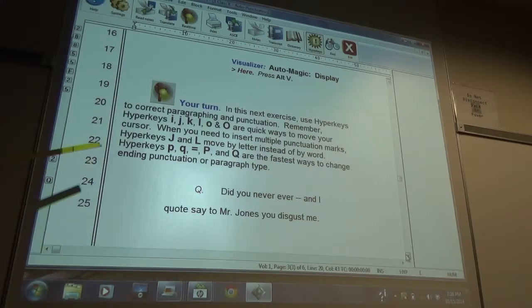Okay, here they're just talking about different ways of moving around. You guys know it, I, J, K, L, O. And then Shift O is the move over two words, so no big deal.